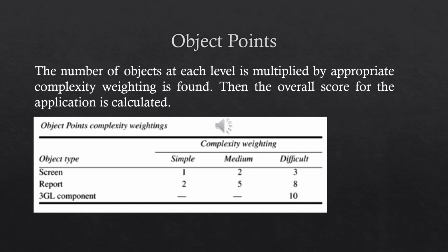Then the weighted subtotals are summed to get an overall score for the application. The overall score for an application is obtained by adding together the weighted subtotals. Here in this table we can see that for an object type screen, the complexity weight of a simple object is 1, medium object is 2 and difficult object is 3.